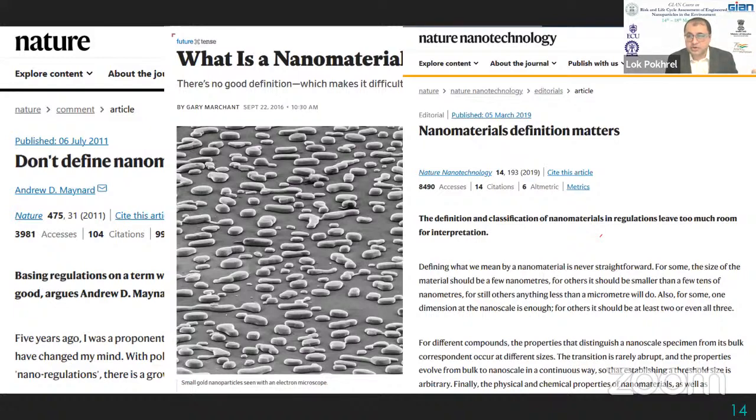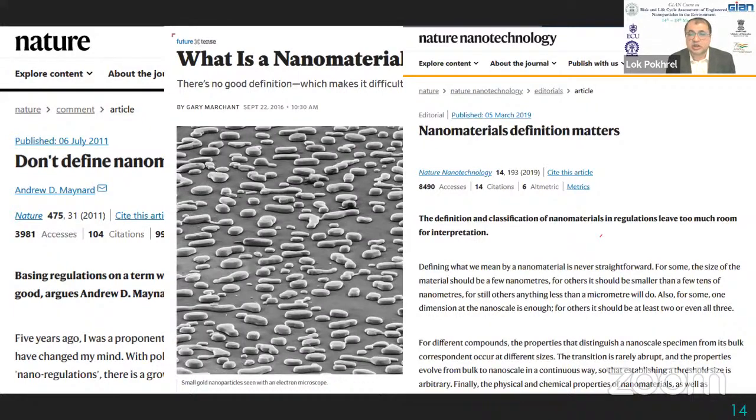Now, coming from 2003 to 2022, we have published hundreds of new papers looking at size effect, charge effect, and the interaction between these different material characteristics.